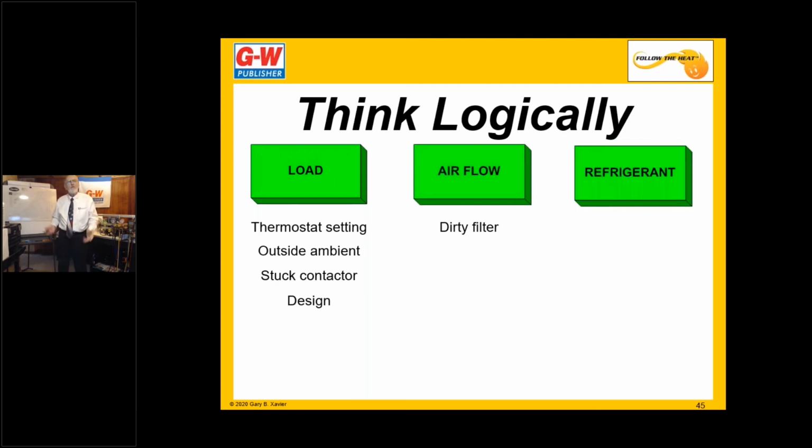Airflow. A dirty filter: the number one cause of ice on an air conditioning coil is a dirty filter. Lack of proper airflow, number one cause, a dirty filter. I had a gentleman in class answer this question for me one day. I said, how do you know when it's time to change the filter on an air conditioner?